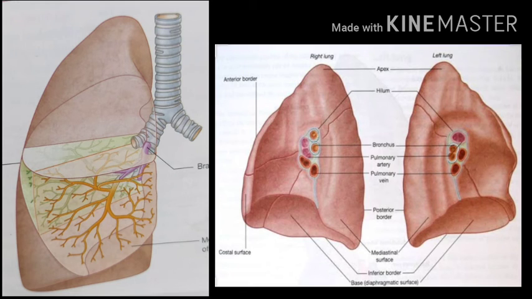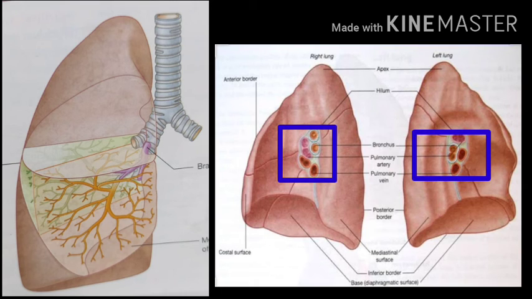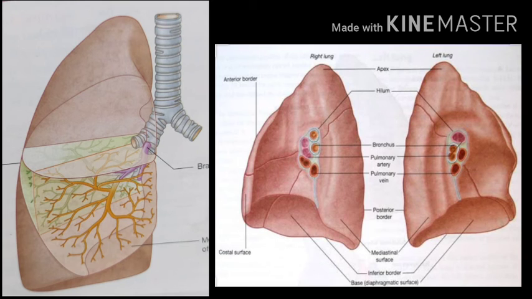The two surfaces are the costal surface, which lies adjacent to the ribs and the intercostal spaces, and the mediastinal surface, which lies against the mediastinum anteriorly and the vertebral column posteriorly. And there is a small comma-shaped hilum. We have three borders: the inferior border, the anterior border, and the posterior border.